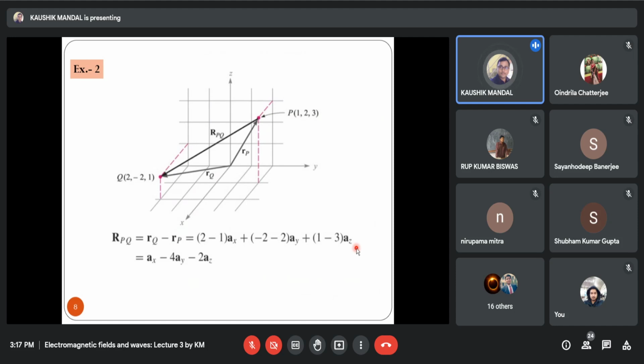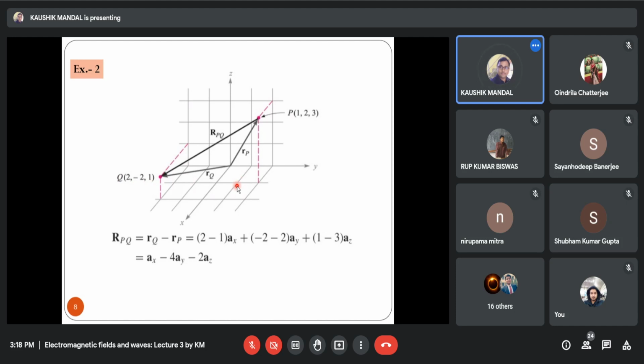Now, from this example, it will be more clear. We have considered two points P and Q. The coordinate of P is 1, 2, 3. The coordinate of Q is 2, minus 2, 1. The figure is drawn accordingly.